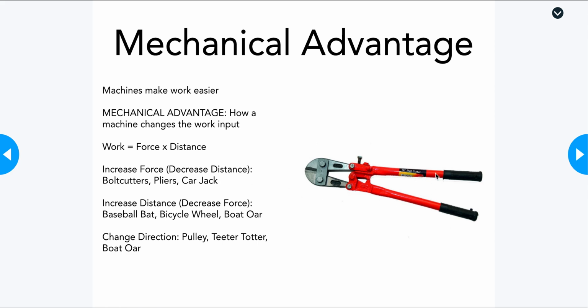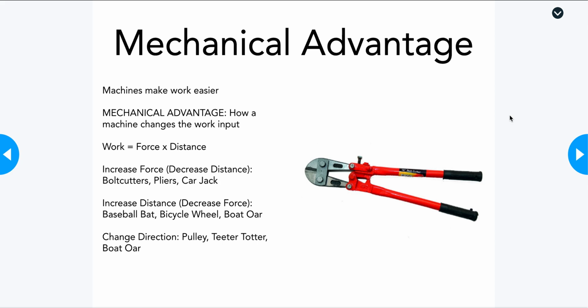So if you have bolt cutters like this right here, if you open up the bolt cutters on the handles, when they're fully open, the handles will probably be about 60, 70 centimeters apart, which is about 2 feet, okay? And when this is all the way open, the tip of the bolt cutter is only going to be open about 2 to 3 centimeters, or about an inch.